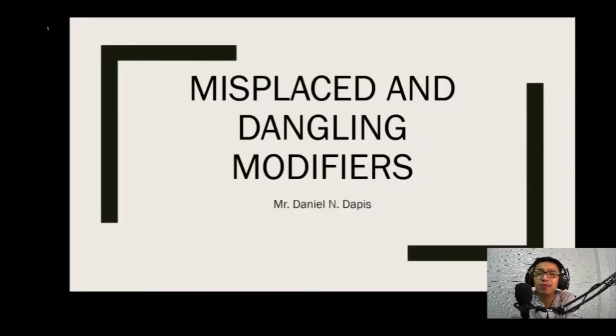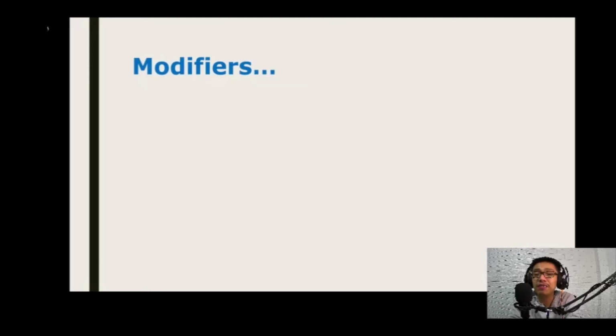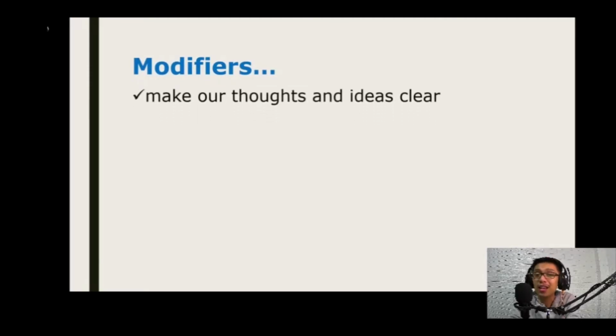In this video, we will learn about misplaced and dangling modifiers. So here we go. First, you need to know the different purposes of modifiers. Number one, modifiers make our thoughts and ideas clear. Number two, modifiers make specific purposes.